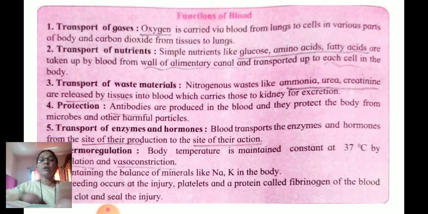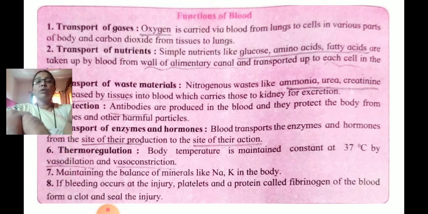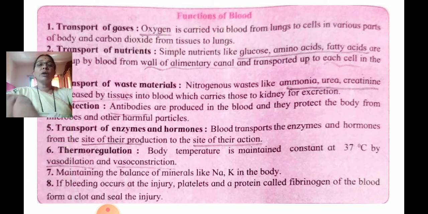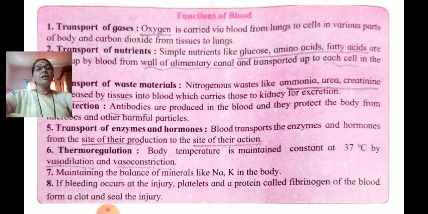The next important thing is thermoregulation. What is thermoregulation? Our body temperature has to be maintained at a constant degree. What is the constant temperature of our body? It is 37 degrees Celsius.